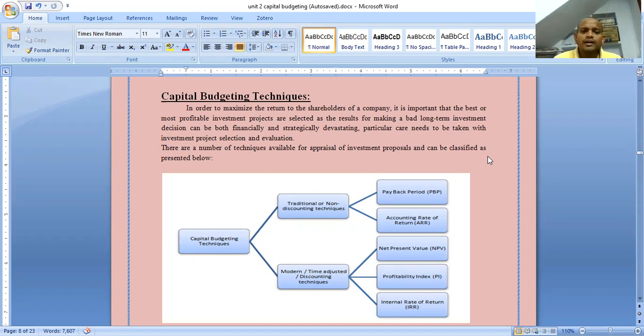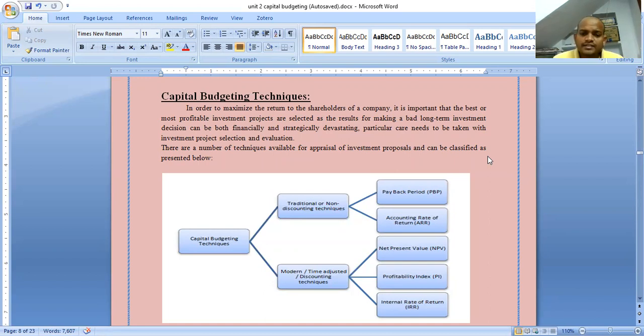There are a number of techniques available for appraisal of investment proposals. These are classified into two types. First one, traditional, and the second one is modern techniques. In the traditional techniques, the popular techniques are the payback period method and accounting rate of return.